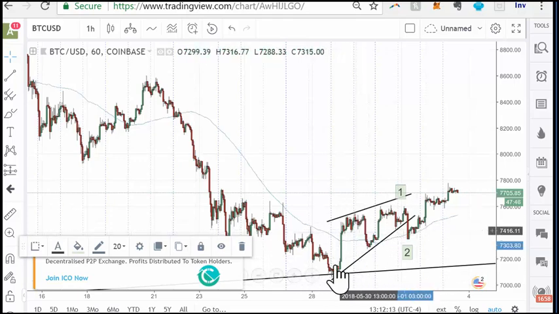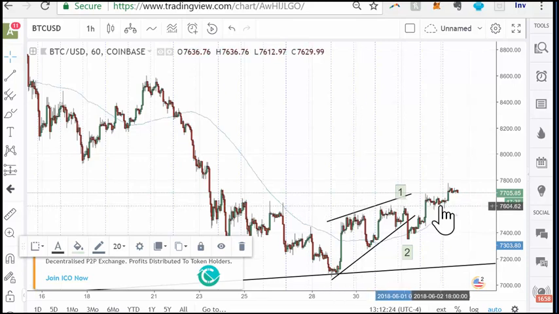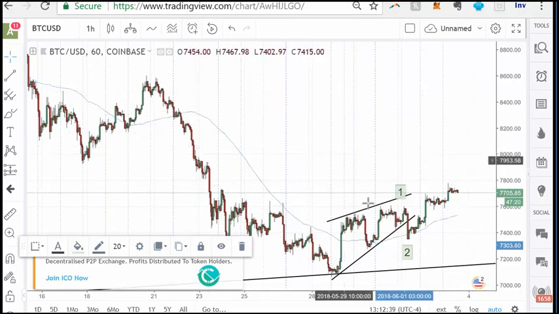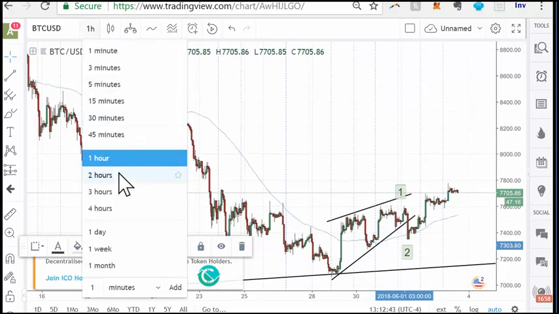If that's the case, then this leading diagonal forms the structure, and once you have this movement higher over the 7,600 resistance zone, which we got over the weekend, you have another AB 1, 2, 3, 4, 5. Now at this point, this could pull down once more into this area before we rocket up.